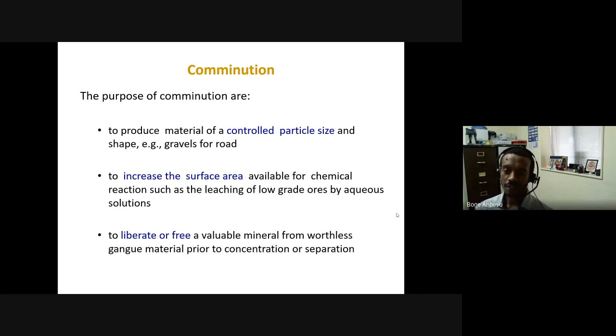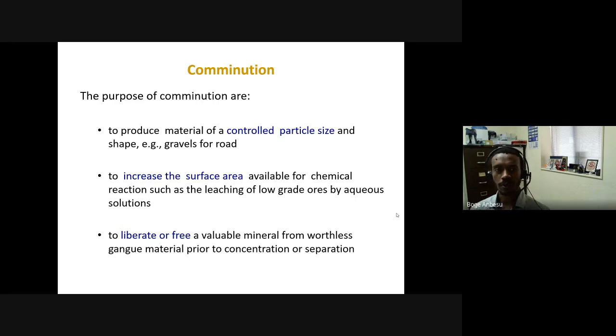That is very difficult to move, so we need to reduce the size to smaller pieces before we think about anything else. In other applications, for example when you're making roads, you can also use impact crushers to produce rocks that can be used for road making.